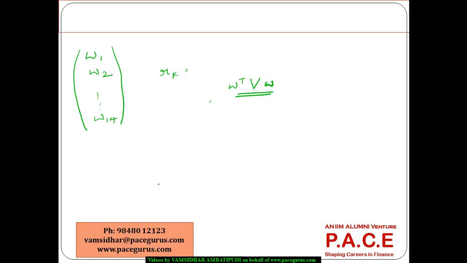First of all, let's understand W is actually a 14 by 1 matrix. Then V is a 14 by 14 matrix. W transpose is 1 by 14.